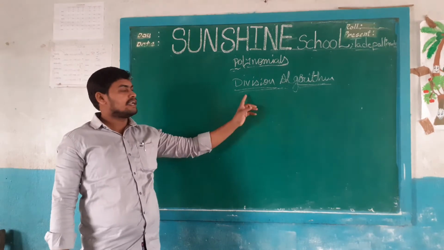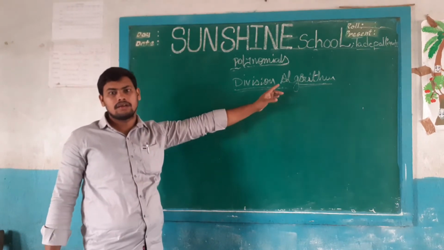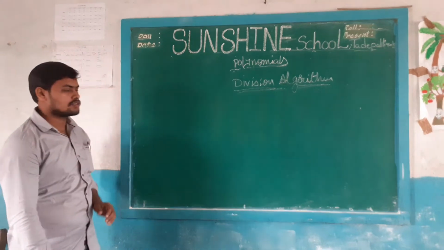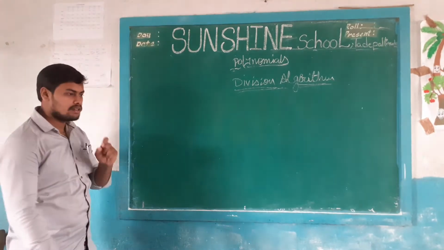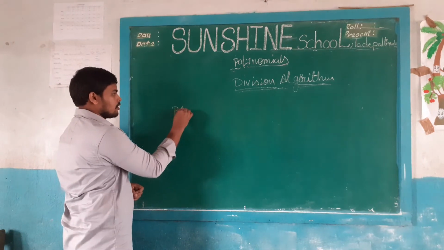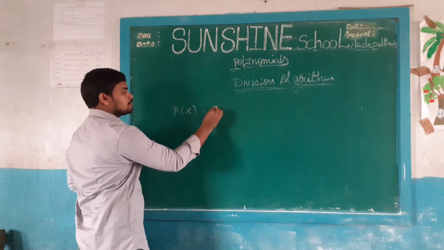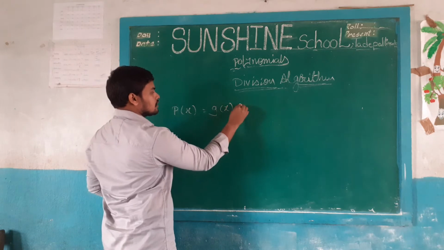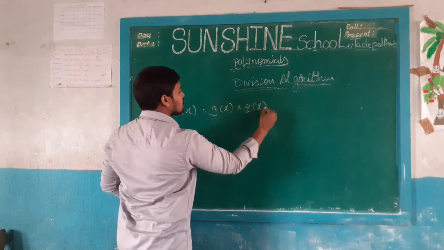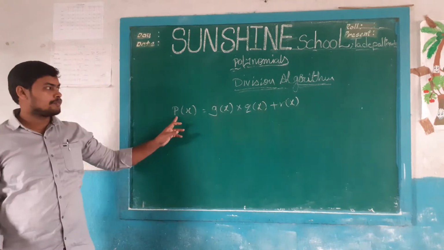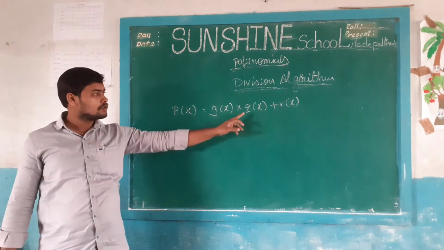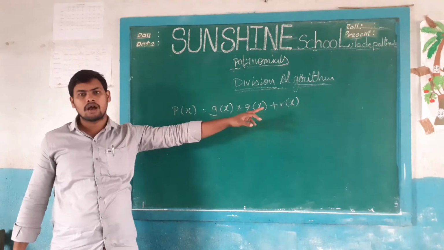Okay. Division algorithm. The division algorithm is based on a simple formula: P of x equals G of x into Q of x plus R of x.